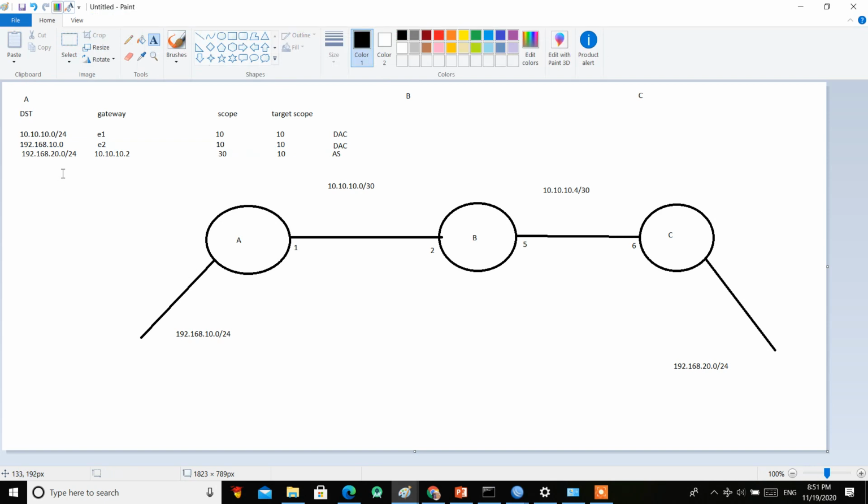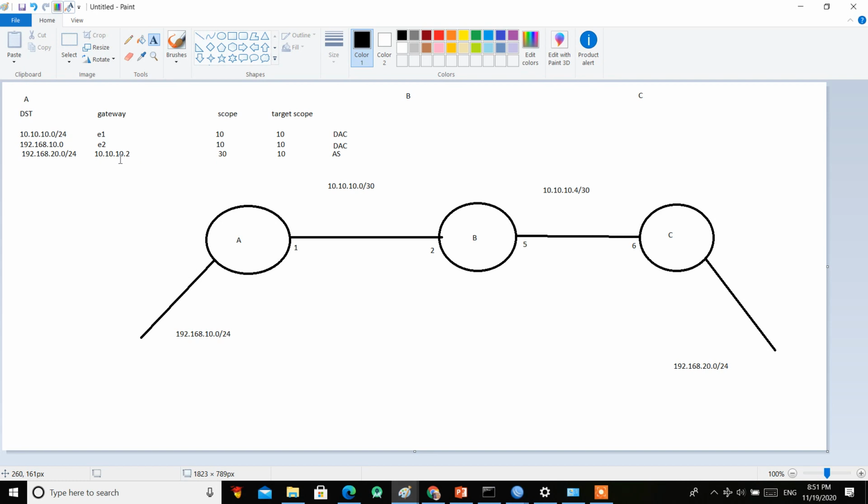Okay, it will tell the router, if you want to reach this net ID, you have to go through this gateway, because of this scope 30. This 30 means it's a static route. This tells the router this is a static route and go to 10.10.10.2. But how to reach this gateway?